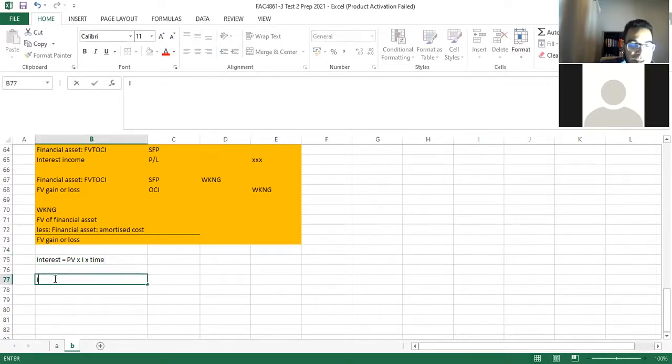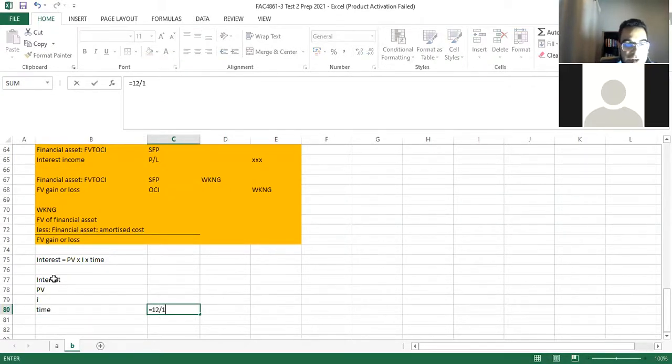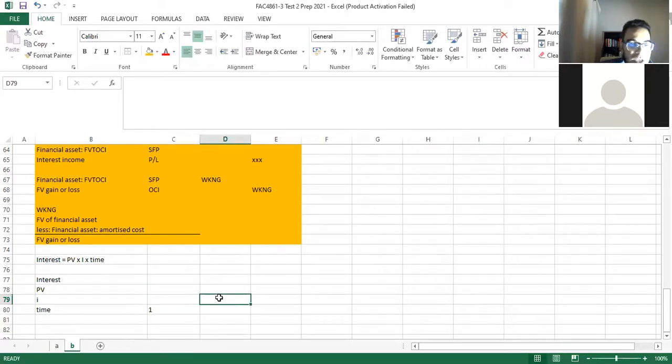So therefore, interest is present value, I and time. Time is how long in the year. So it is 12 divided by 12, which is the full financial year, 1 January 2017 to 31 December 2017. We don't have I, so we're going to have to work out I.